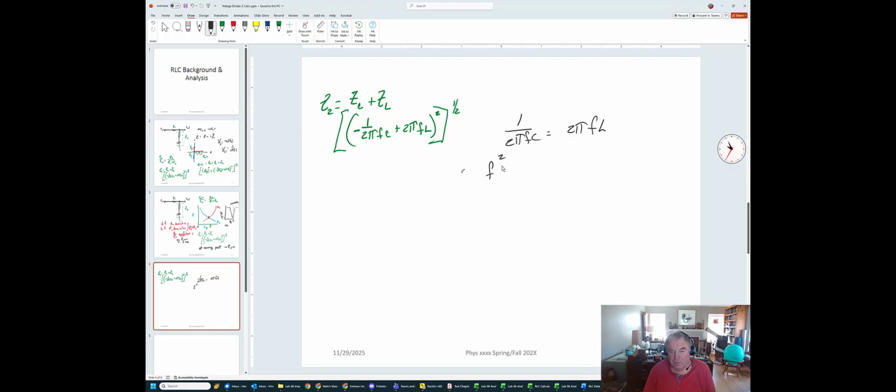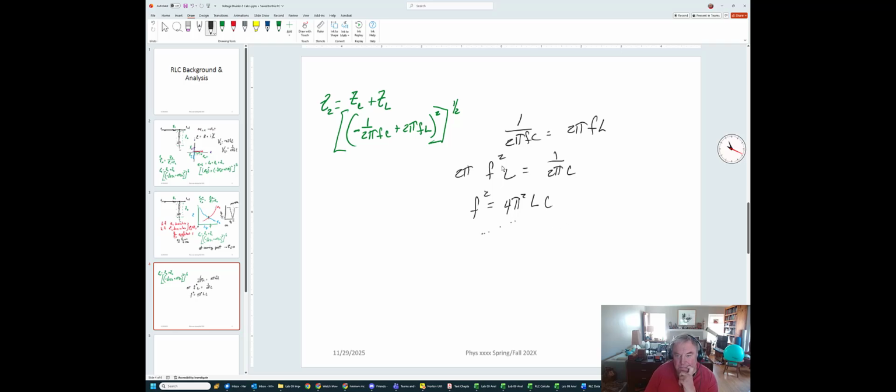So that becomes 2 pi f squared L equals 1 over 2 pi C. And then we can go f squared equals 1 over 4 pi squared LC.